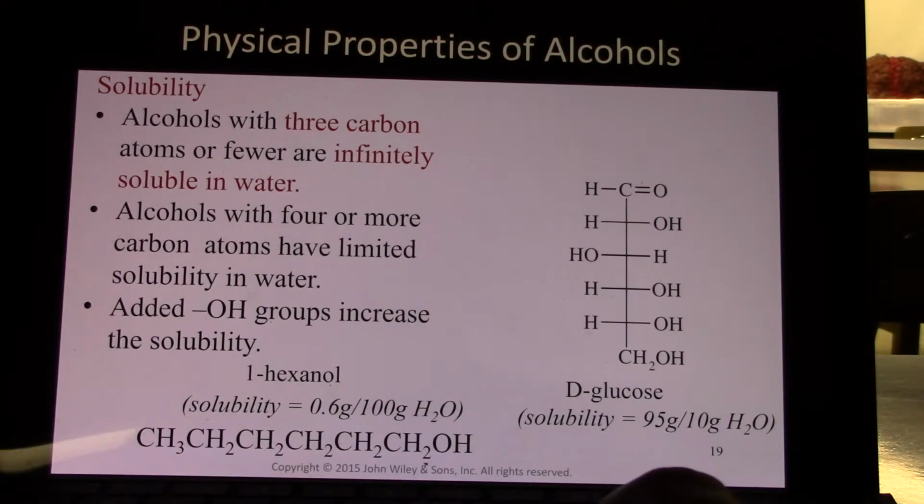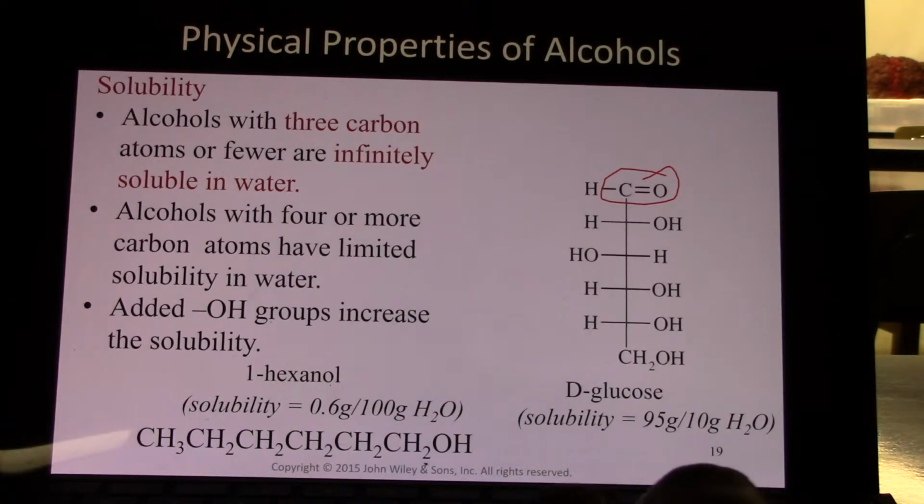But D-glucose, again, 6 carbons, hexanol has 6 carbons, and glucose has 6 carbons, but instead of just one OH functional group, I have a ketone here, or an aldehyde, because it's a terminal, it's at the end with the H, so that's an aldehyde. And then I have 1, 2, 3, 4, 5 OH groups, and that rapidly increases water solubility.